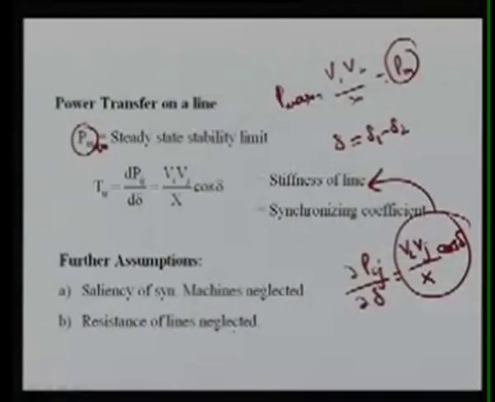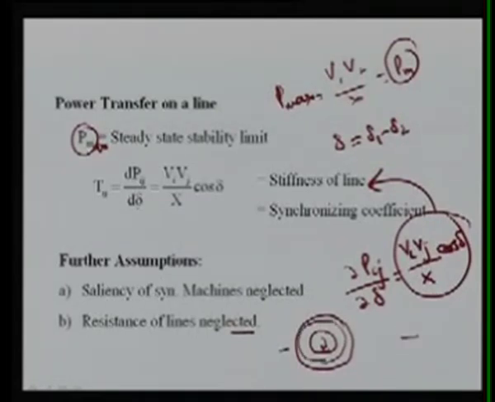Also, in the classical approach, we made a few more assumptions: the saliency of synchronous machines is neglected, and the resistance of lines is also neglected. In the classical approach, as I said, two types of machines may be there. Here is a stator, and here is your rotor which is rotating. If there is a constant air gap, then it is called a wound rotor.